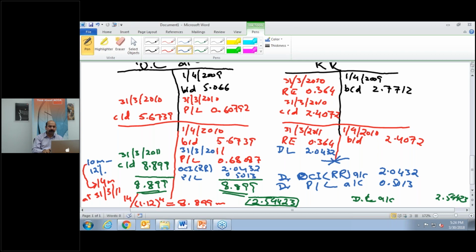So this is the treatment of increase in liability. And now your decommissioning liability is 8.899.